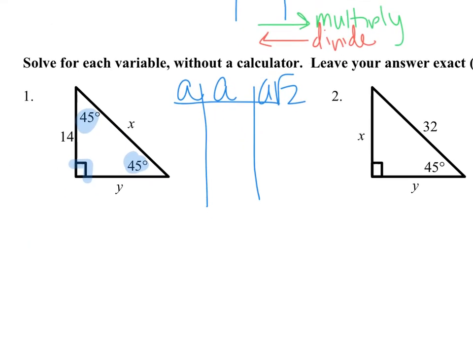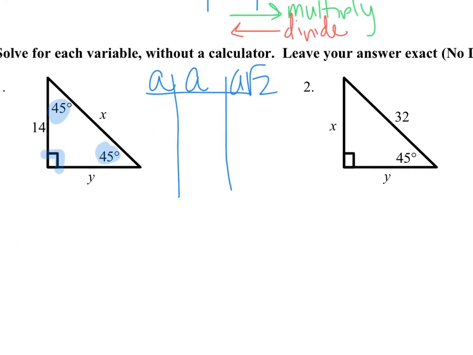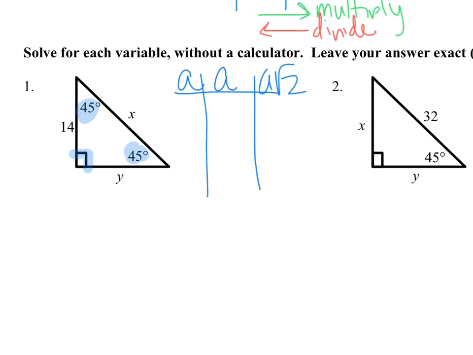Okay. All right, so remember that the hypotenuse is always across from the right angle. In this example, they gave us a leg, so this is going to be 14. And then we also know that the same leg is going to be 14, and since we're going to the right, that means we multiply, so 14 root 2.